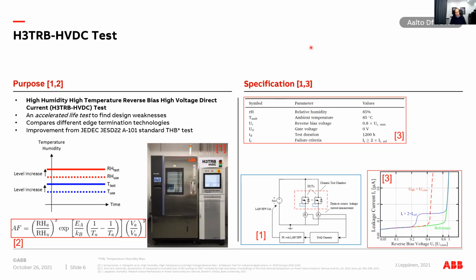Oh, yes, that's a good point. The thing is that we of course monitor the leakage current during the test. That's for sure. And we know that the level of the leakage current is highly dependent on the relative humidity and the ambient temperature.